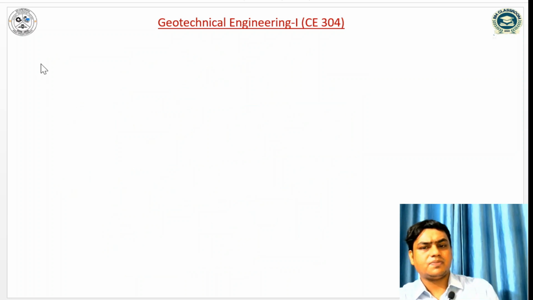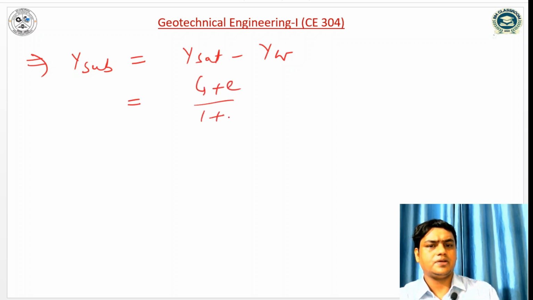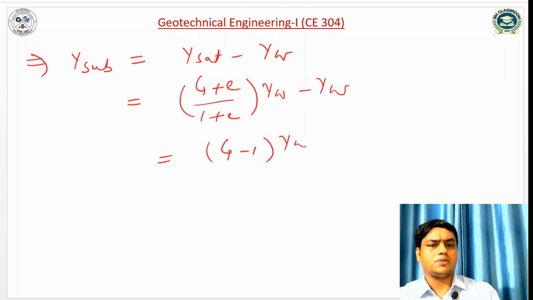The expression of submerged density can be written as, so in the previous discussion we have discussed that submerged density is the difference of saturated density minus unit weight of water. Expression of saturated density we have derived, (G plus e) divided by (1 plus e) into gamma W, minus gamma W. So we can write (G minus 1) into gamma W divided by (1 plus e).